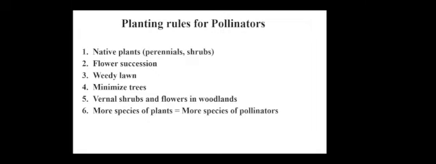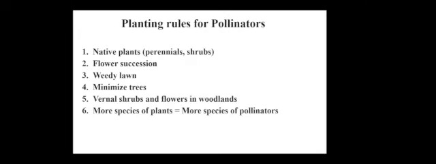If you have lots of big trees, especially oak or maple trees, they are excellent pollen providers during the springtime. But after that, that's it. They don't have flowers. They just create shady areas and actually minimize the flowering bed. Also, vulnerable shrubs and flowers in woodlands.